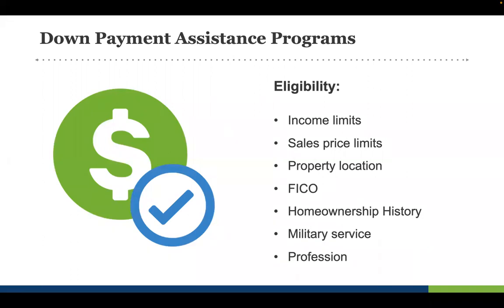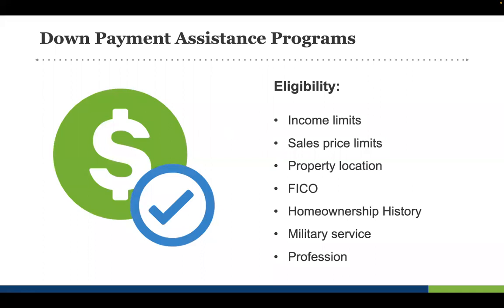Same thing with purchase price limits. Most programs do have purchase price limits, but again, they're going to be market adjusted to the median home prices or higher in a given market. So we see purchase price limits of 6, 7, 800,000 in New York, Southern California, Seattle, but they're going to be lower in Tampa, Atlanta, Reno, Phoenix, and so forth.